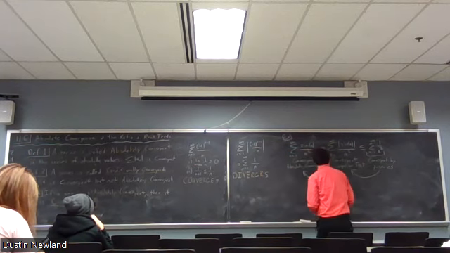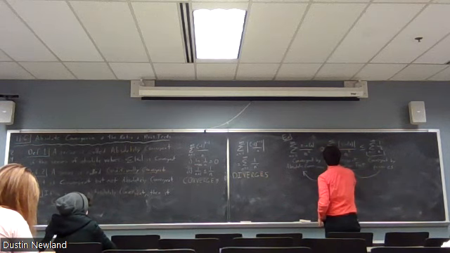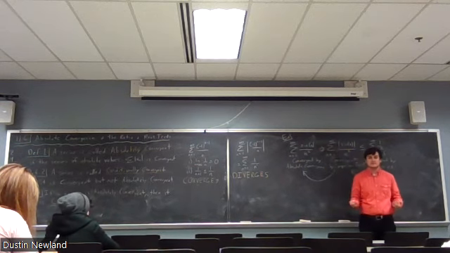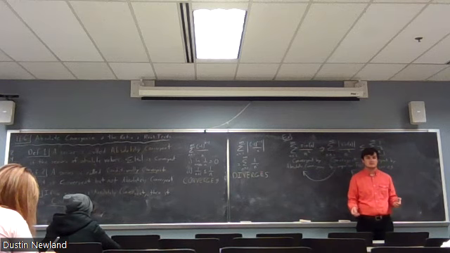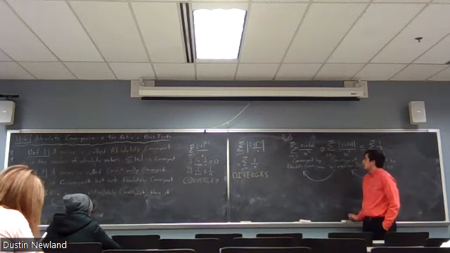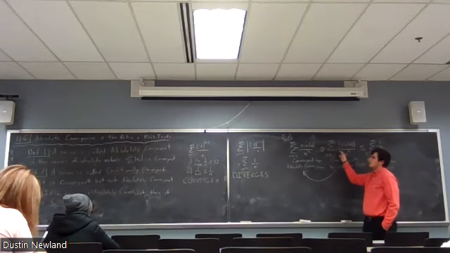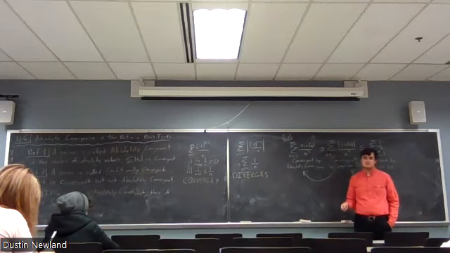Since the absolute value of the series is convergent, it's absolutely convergent, and that just means the series itself also has to be convergent. Right, because you might have some negative terms in here, but this is all positive, so it's definitely going to be smaller. And so this one's small enough.